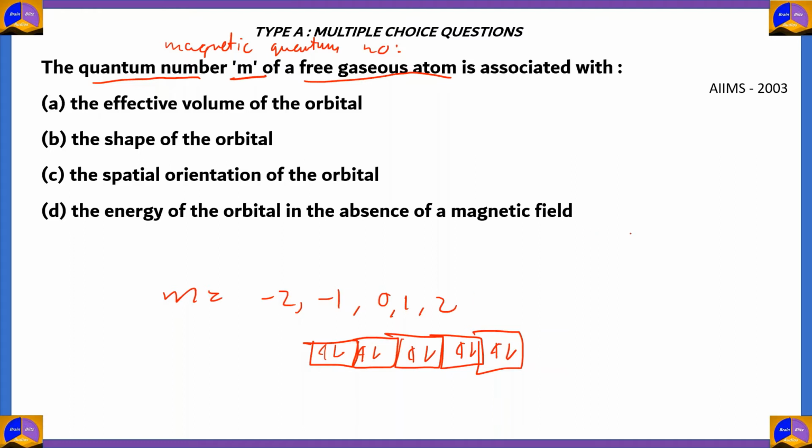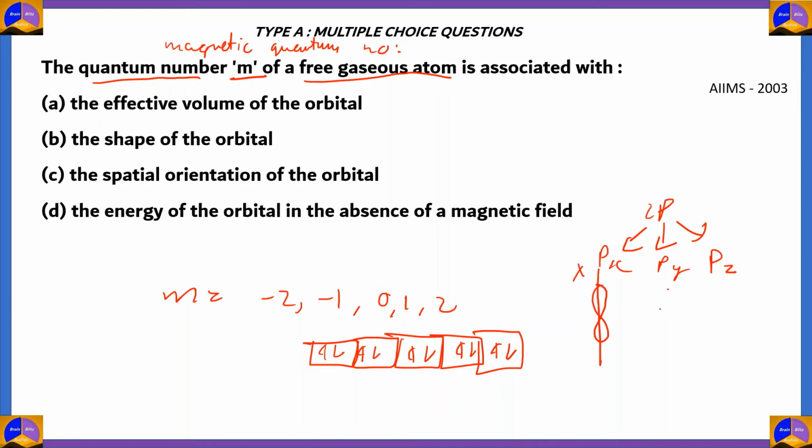Now, if you look at our first question, the subshell 2p had 3 orbitals, px, py, and pz. The reason why they were aligned as such is that px, which is dumbbell shaped, is acting along the x-axis.